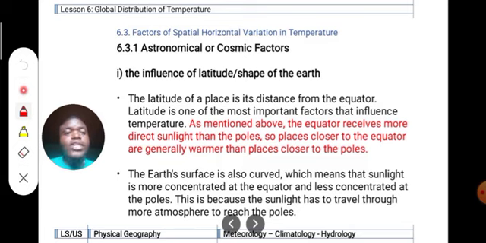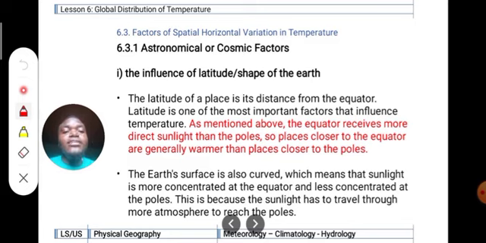We say the equator receives more direct sunlight because the sun is always overhead at the equator. That we saw even back there in Form 3, we discovered that the sun is always overhead at the equator but reaches the temperate and the polar latitudes obliquely.